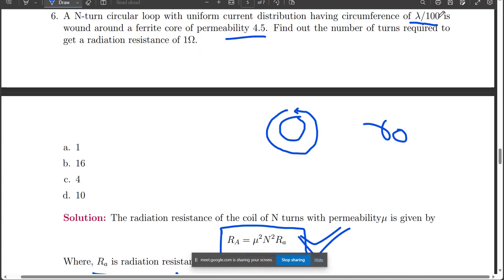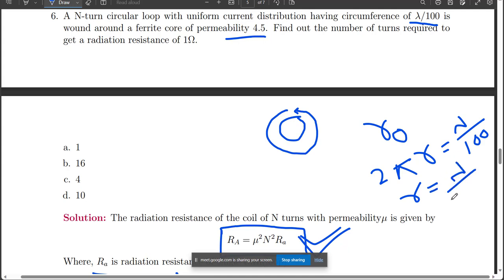Circumference is given as lambda by 100. 2 pi r is equal to circumference, so 2 pi r is equal to lambda by 100. r will be lambda upon 2 pi 100.